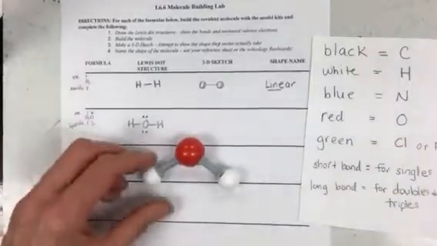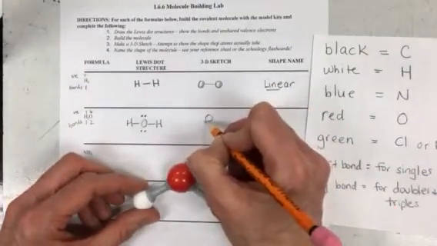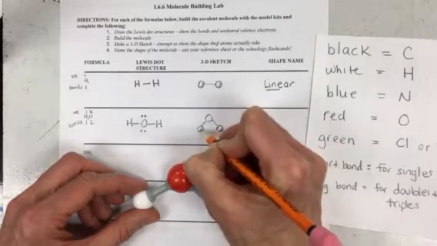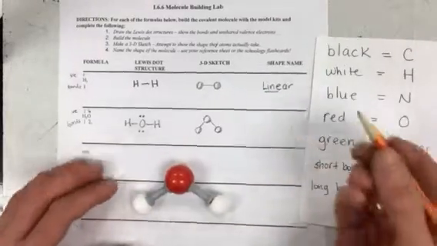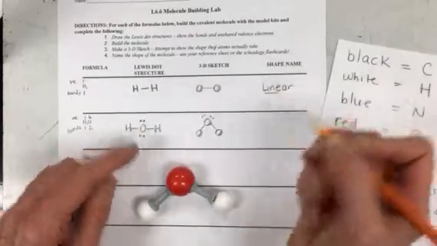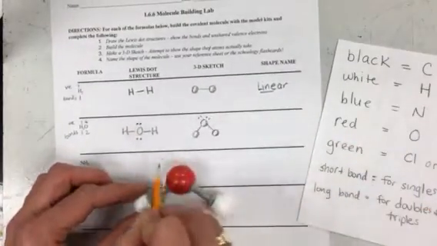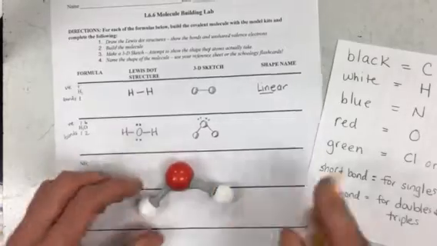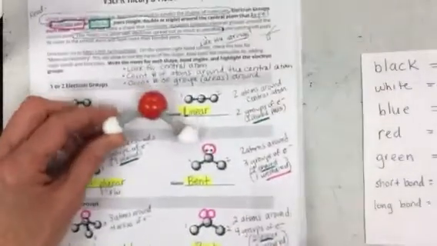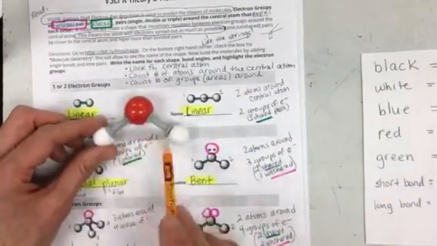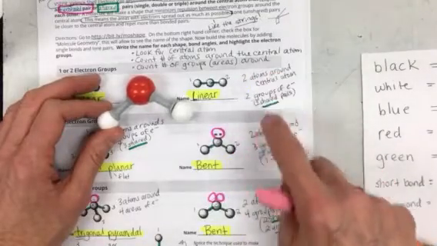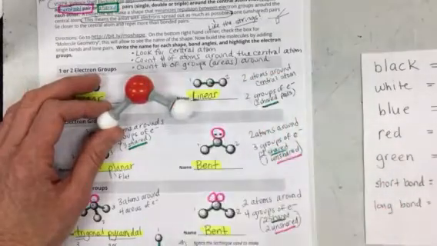So now I'm going to sketch this. If you want to make it a little bit 3D, you can. And then if you want to add the unshared electrons, you can. I put them both up here because I'm imagining them above, pushing these down. And so now I see from my chart that 3 in a row, or 2 around the center, this has 2 around, but no unshared pairs.